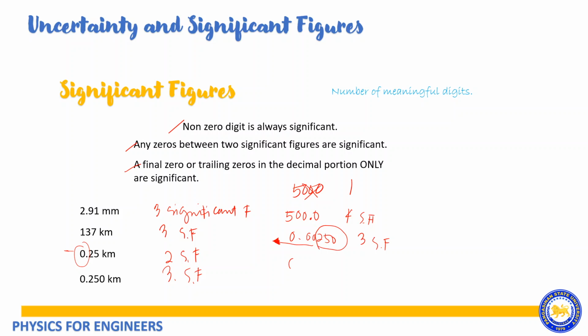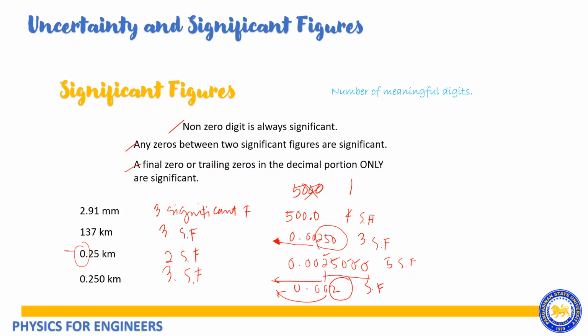Pero kapag, halimbawa, 0.002500, ilan na significant figure? Ito, 1, 2, 3, 4, 5. So, 5 significant figure. Pero kapag 0.002, ilan na significant figure? Isa lang po. Kasi hindi po counted yung zeros na before the decimal point. Okay?